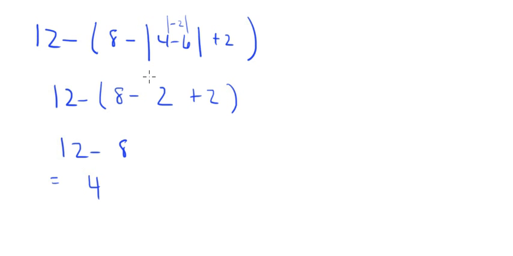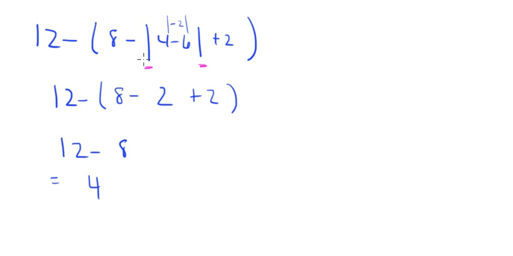So the moral of the story on this problem is that the absolute value symbols are symbols of inclusion. So we have to do that first before we can do the rest of the parentheses. Okay? So you treat the absolute value just the same way you would if it was a bracket or a brace.